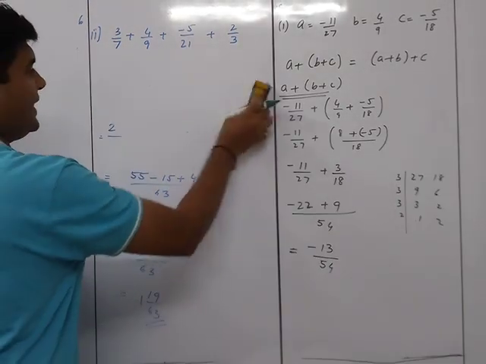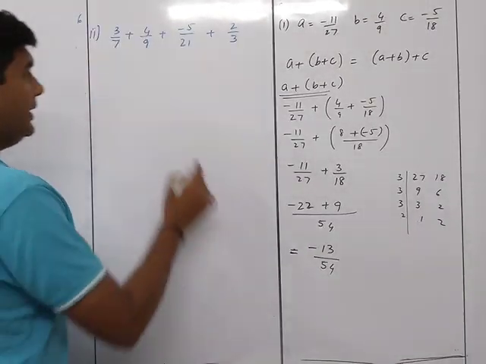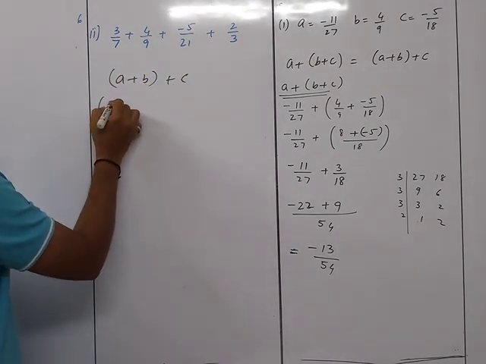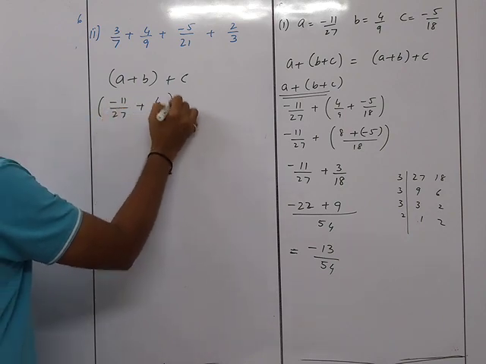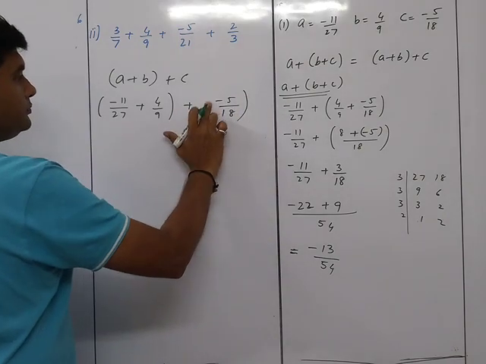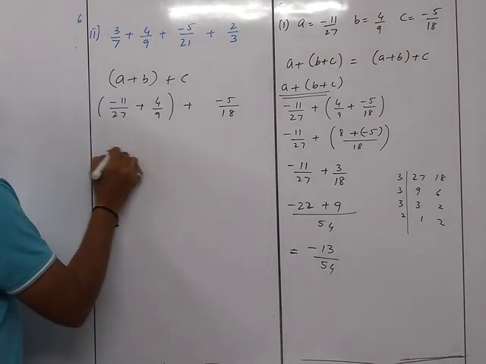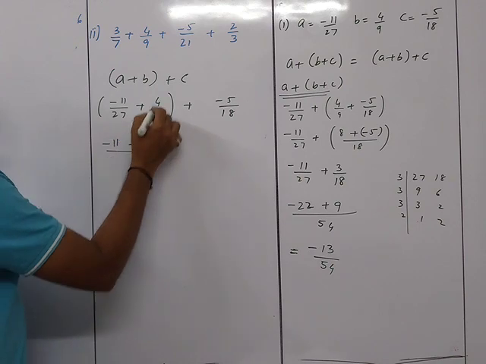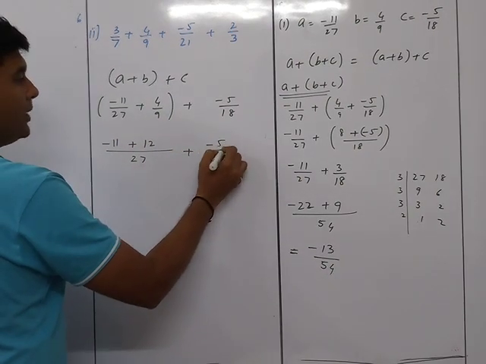Now we'll do the same thing for the next part, which is A plus (B plus C). So here it is minus 11 upon 27 plus 4 upon 9 plus minus 5 upon 18. Over here, the LCM will be 27, so this will be minus 11 plus 12 plus minus 5 upon 18.